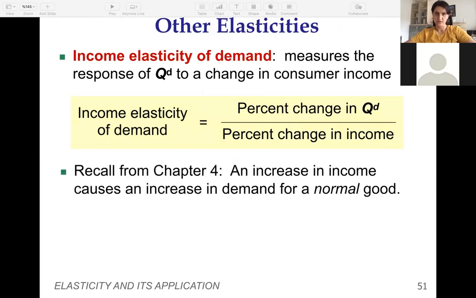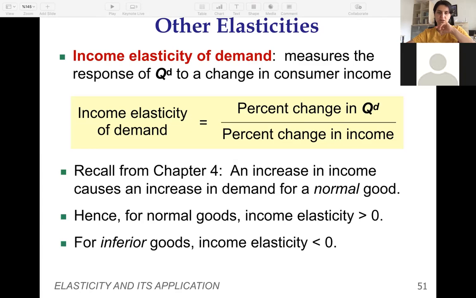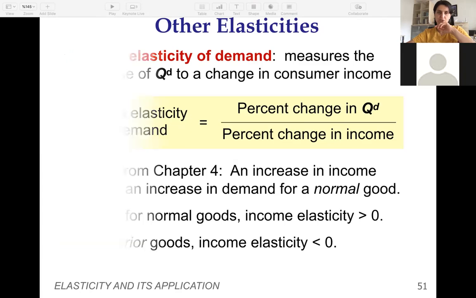If this is positive, if demand increases with income, what are we calling those goods? They are normal goods. If demand decreases with an income increase, we call such goods inferior goods. So this is positive if the good is normal, and negative for inferior goods.